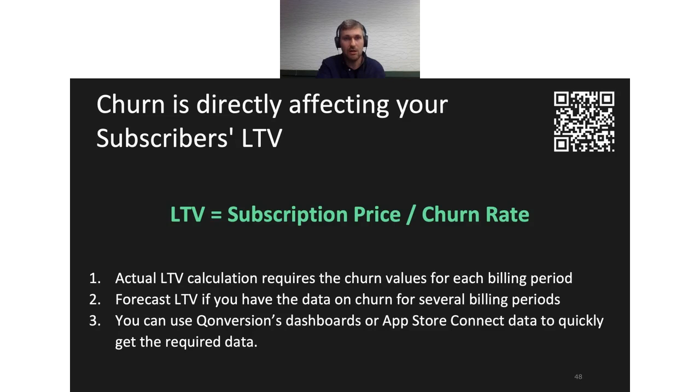You can just find this article using this QR code on this slide, and there is even an Excel spreadsheet in this blog post which you can use to actually estimate your LTV using App Store historical data, or even build the forecast for your LTV with just several historical data points.